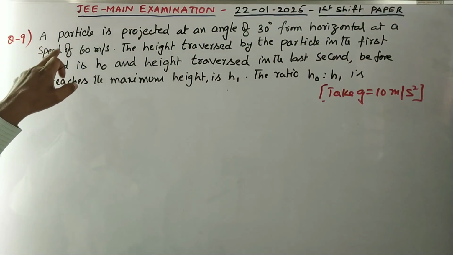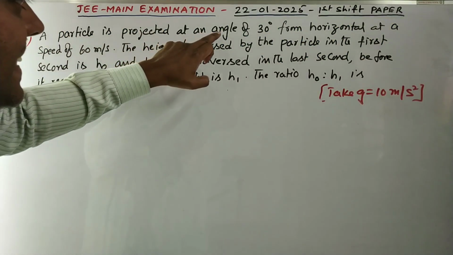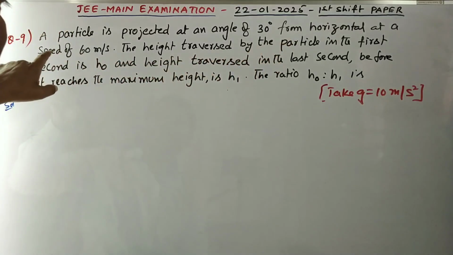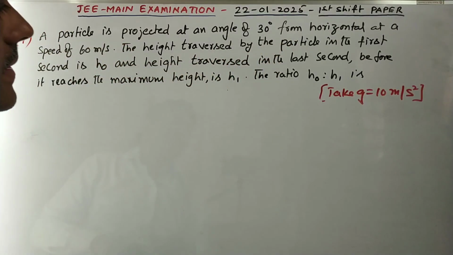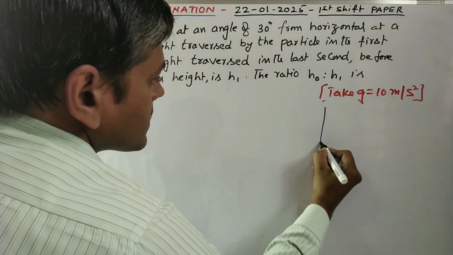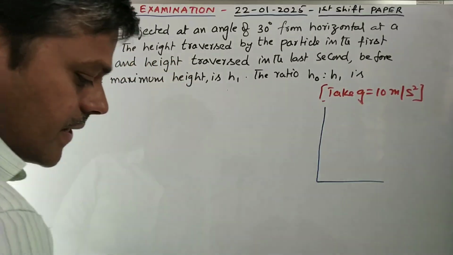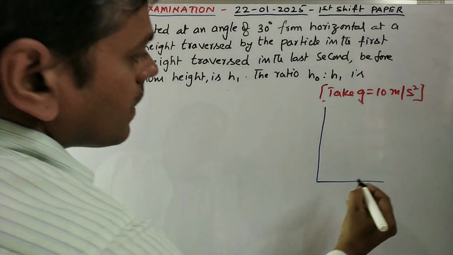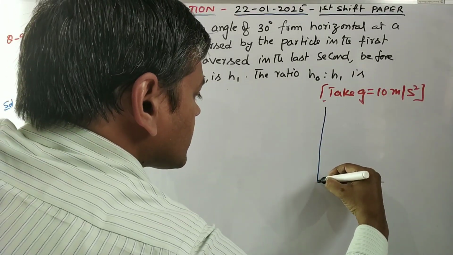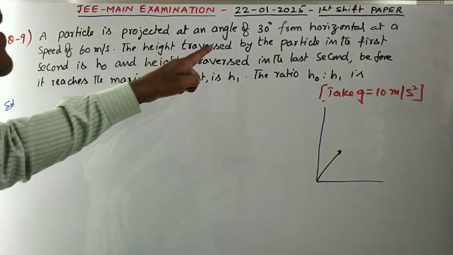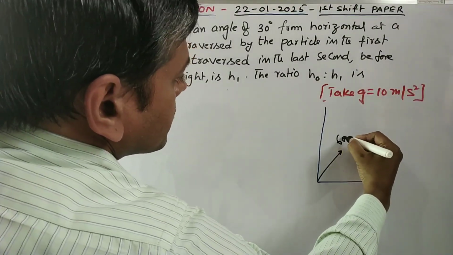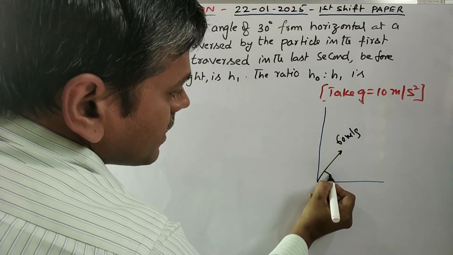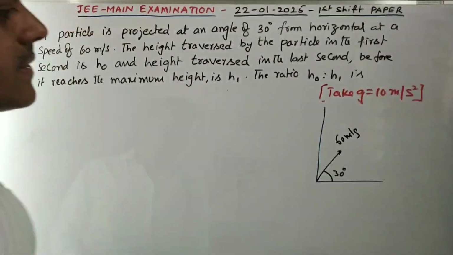The ninth question. A particle is projected at an angle of 30 degrees from horizontal at a speed of 60 meters per second. This is graphically drawn like this. This is a body projected with a speed of 60 meters per second that makes an angle of 30 degrees with respect to the horizontal.